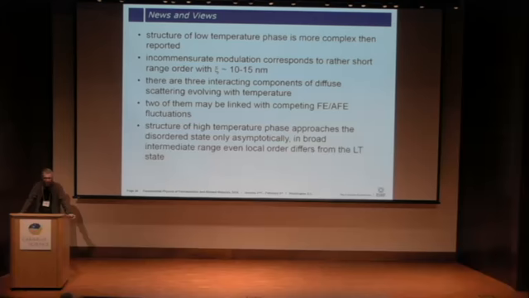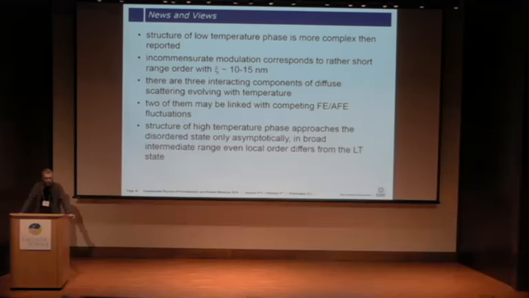Already from comparing these two phases, one could extract useful information. We're actually working on that. We have a few nice data sets, and I hope that they are nice enough to extract useful structural information.